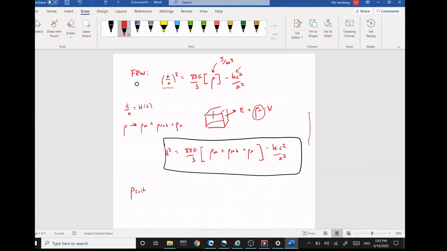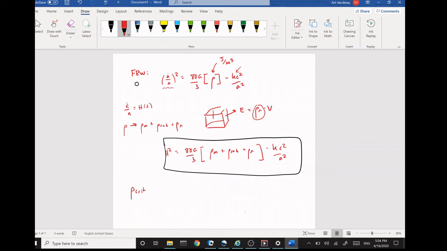So k will become plus 1, and I'll have a spherically curved universe. If I'm at exactly the critical density, my universe will be flat. And if I have slightly less than that critical density, I will have a negatively curved universe.